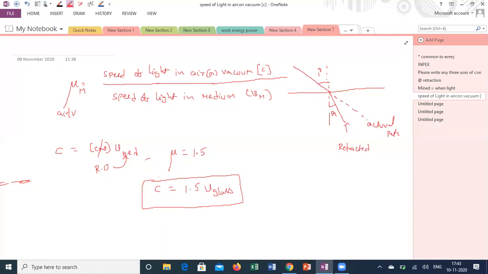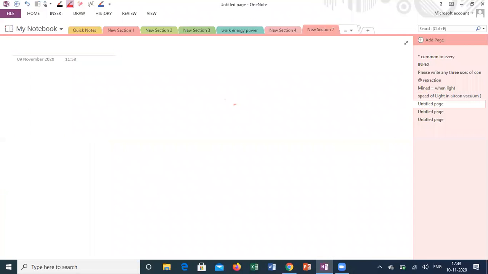Yes, sir. Now, how can I relate the speed of light to frequency and wavelength? One point we have to keep in mind before going to the topic. It comes in the wave concept of 9th standard.